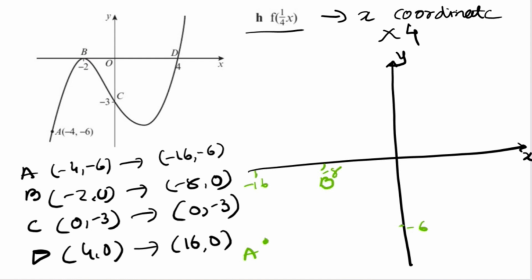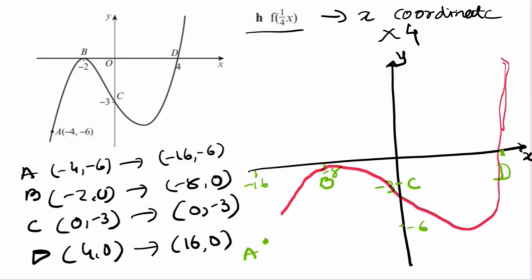C point we are getting 0, minus 3 somewhere here. So this is our point C. And point D we are getting 16, 0. So our D point is here. So our graph will look like this. It's passing through D, C. Yeah, so this is the way our graph looks. The line should be straight. Okay. Move to next.